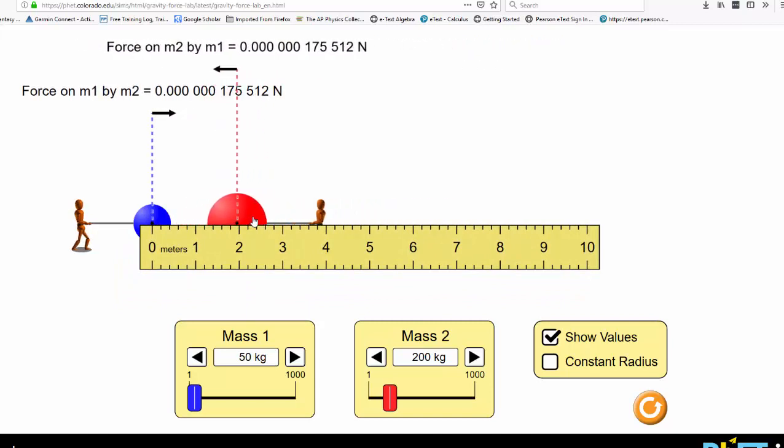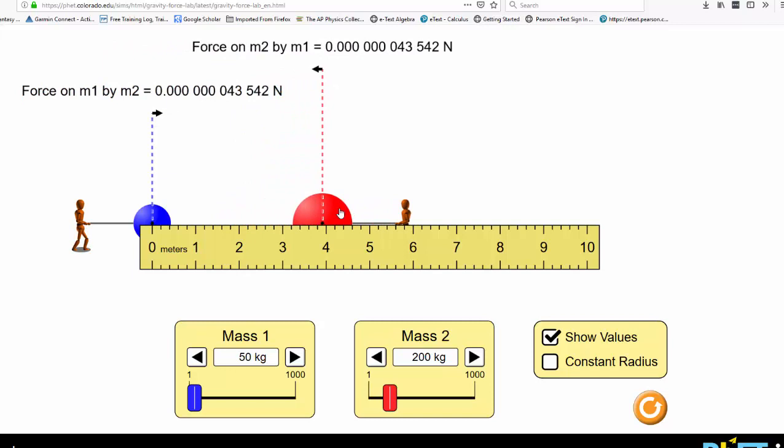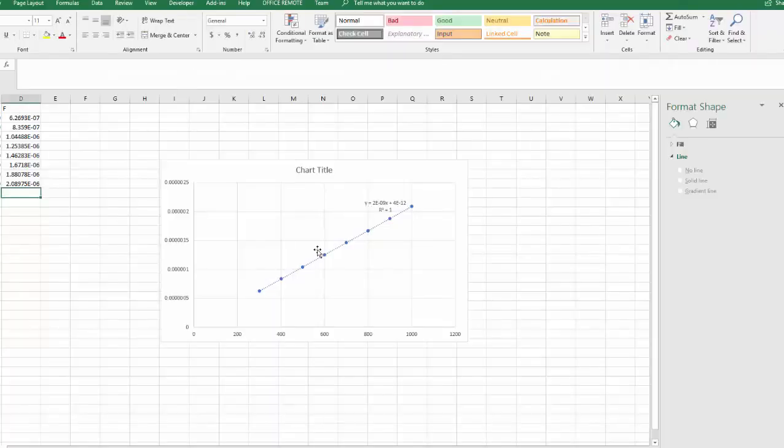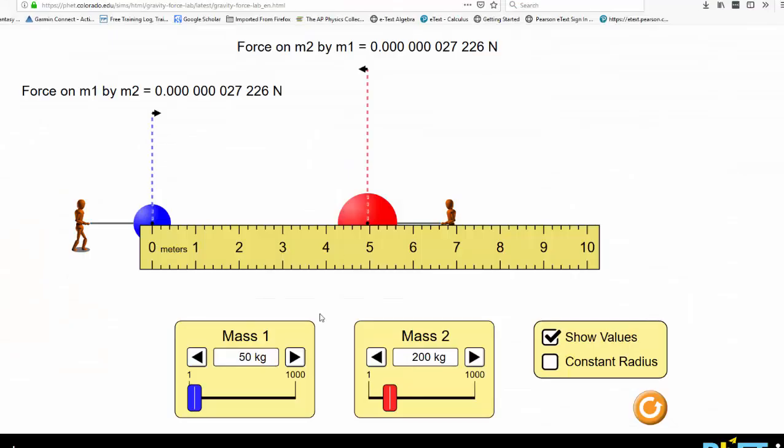So maybe here, at 2 meters, and then there's your force. And notice that the forces are the same, they're just in opposite directions. So you would record the radius, the two masses, and the force, just one of them since they're the same. Then you change the radius, record, change it, record, and so on. So you can figure out what's the relationship when you plot it all, what does it look like. So that's for the radius.